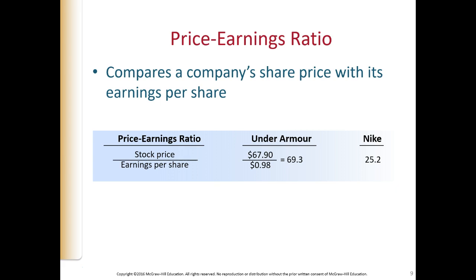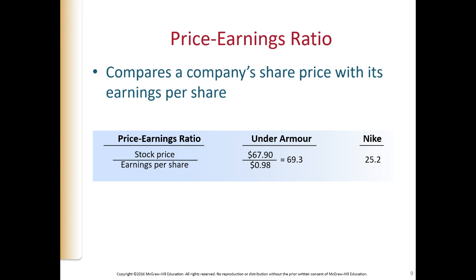It looks like we have a ratio of 69.3, which is a very high PE ratio. Nike, a well-established business, not growing rapidly, but growing at a normal rate, has a PE ratio of only 25. But Under Armour, being a smaller company, and some people think maybe a more aggressive company to really get products out the door, has a much higher PE ratio.